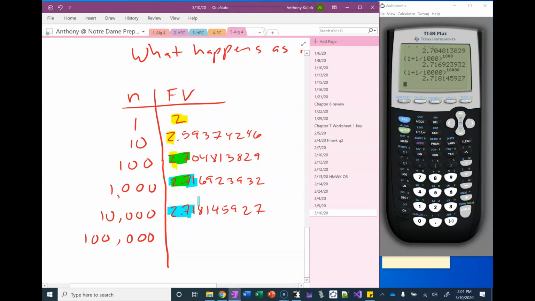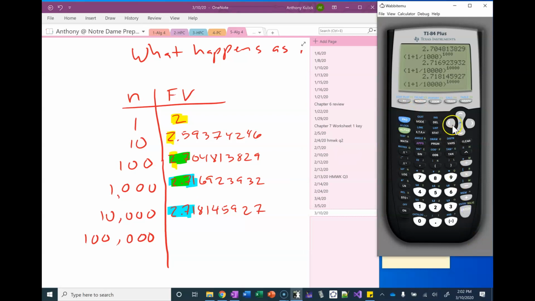If we continue going, we'd expect that as n gets large enough, we'd be able to lock in however many digits we want. We just have to keep picking larger and larger values of n. We don't really know what that number is for FV when it stops changing. We don't know what that is quite yet, but we know we can get as many decimals of that number as we want just by picking a progressively larger value of n. Do you guys kind of see that? Okay. So let's plug the 10,000 in and we'll stop there because quite frankly, you guys get the idea, right?